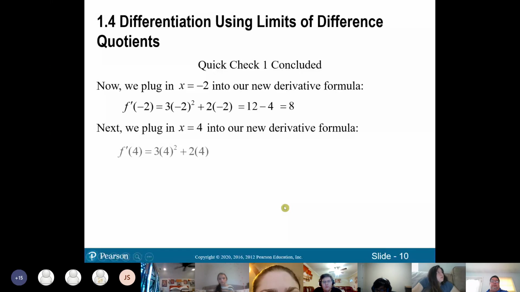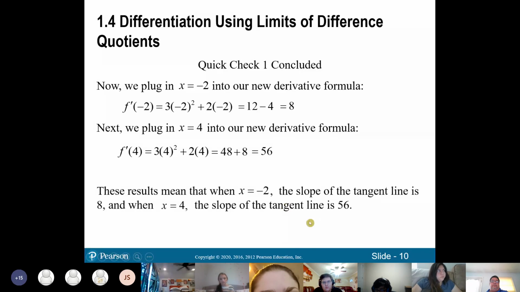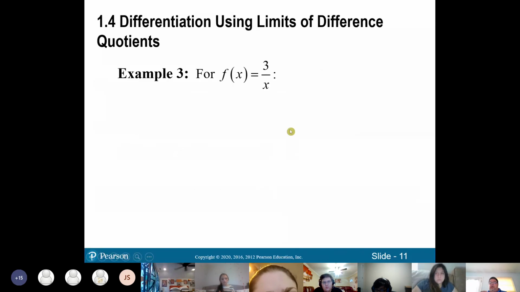Let's see what else they've got for us. All right, let's try that one. f of x is equal to 3 over x. Well, this is a fraction, so we already know half of y'all are going to quit on this one. f of x is equal to 3 over x.